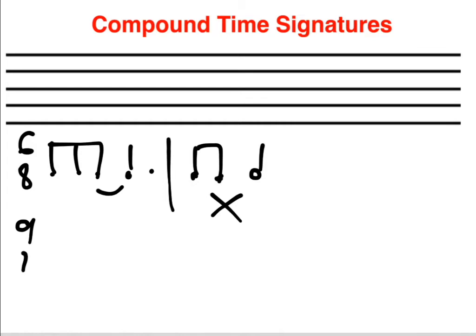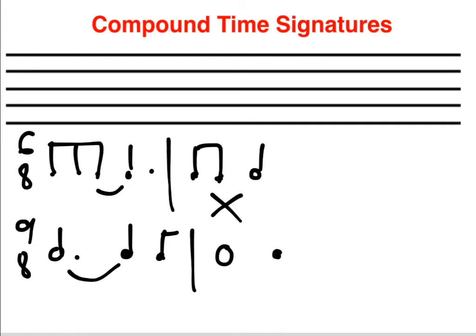Again, similar in 9/8. There's 1, 2, 3, 4, 5, 6, 7, 8, 9. You would never write that rhythm as just a semibreve and a quaver. So that is wrong as well. Those two are right. So you can see how ties are very important in distinguishing where one beat begins and ends.